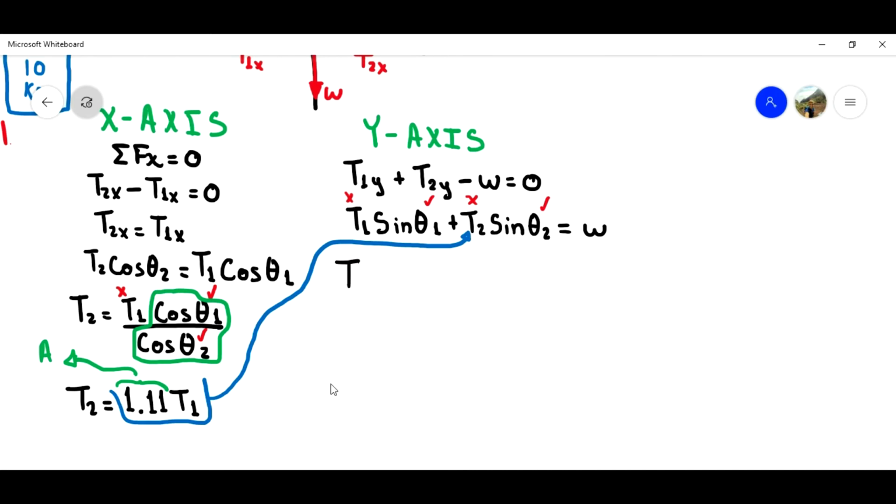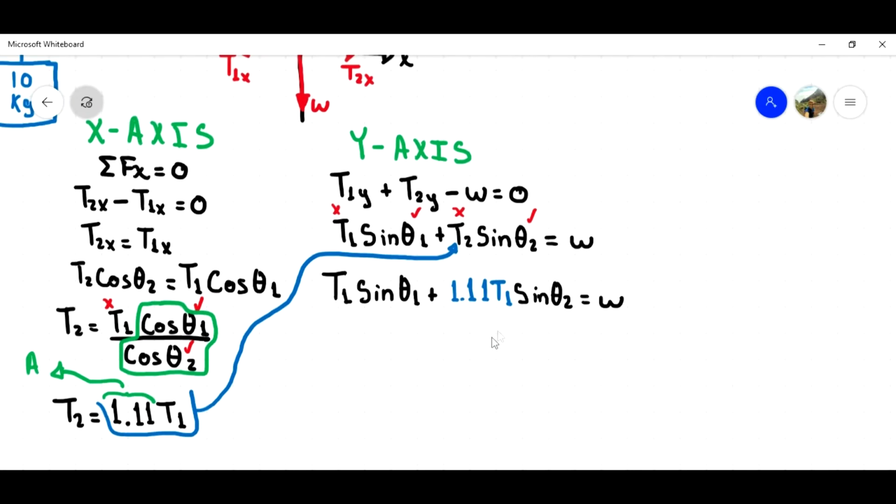So tension 1 that multiplies the sine of the angle of the tension 1 plus, and I'm going to draw it with another color, plus 1.11 times tension 1 that multiplies the sine of the angle of the tension 2 equals the weight. Now if you see, I only have one variable, that is tension 1.